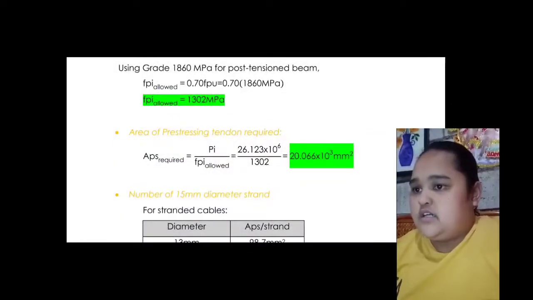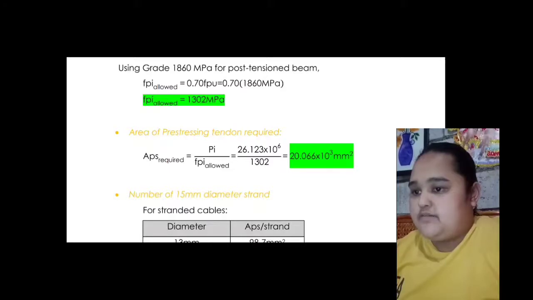Using grade 1860 megapascal for post-tension beam, FPI allowed is equal to 0.7 FPU, which is 0.7 times 1860 MPa. FPI allowed is equal to 1,302 MPa. The area of pre-stressing tendon required, or APS required, is PI over FPI allowed, equal to 26.123 times 10 raised to 6 over 1,302, which is 20.066 times 10 raised to 3 millimeters squared.